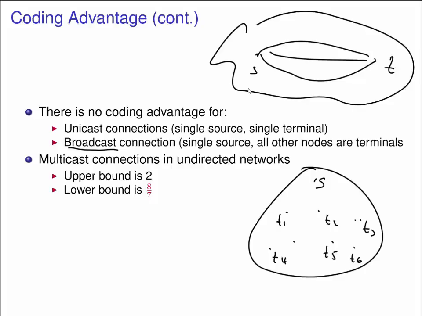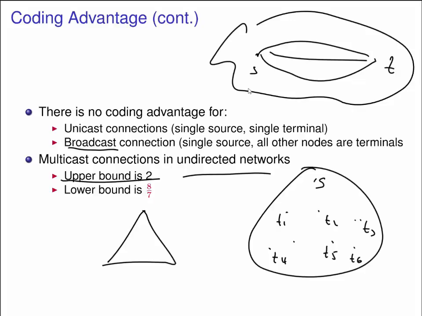An additional setting that we can consider is undirected networks, right? So far we focused on directed networks. In undirected networks, we don't have directions on links. They can be oriented in any way that we like. So we have more flexibility. In this case, what we know is that the coding advantage is upper bounded by 2. And again, we will talk about this later in the course.